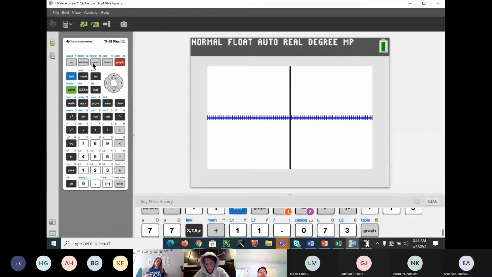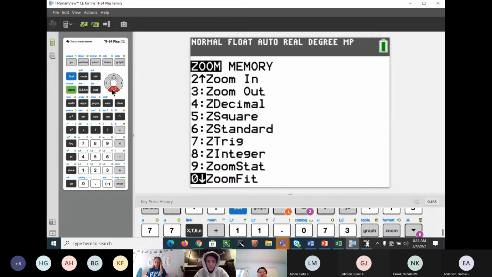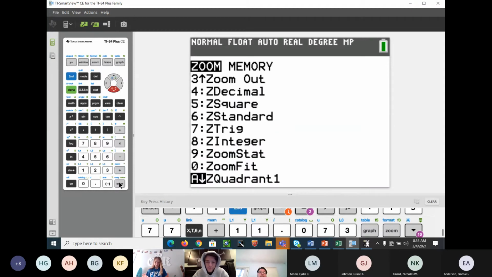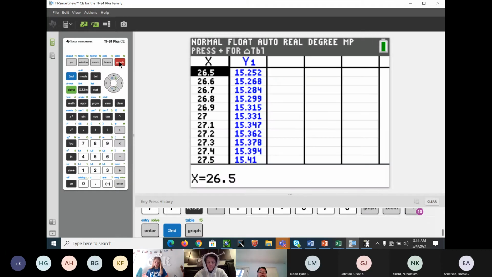And zoom fit. Might as well do zoom fit or do zoom quadrant 1. Go ahead and let's do table. And we got it to the tenths.